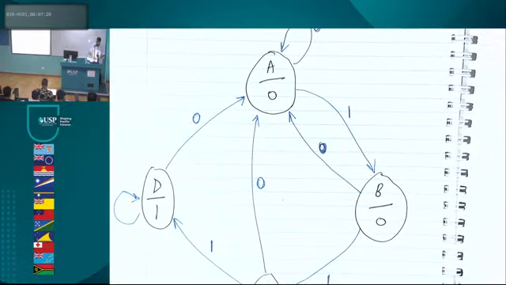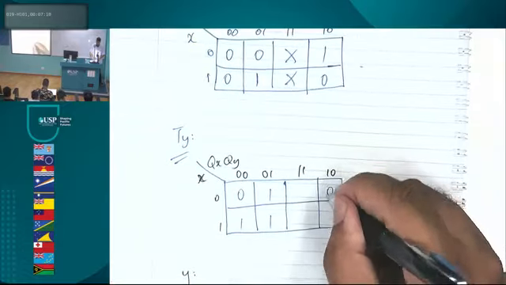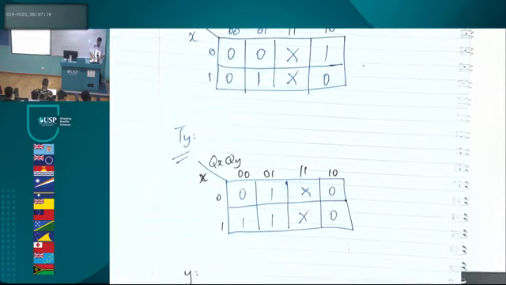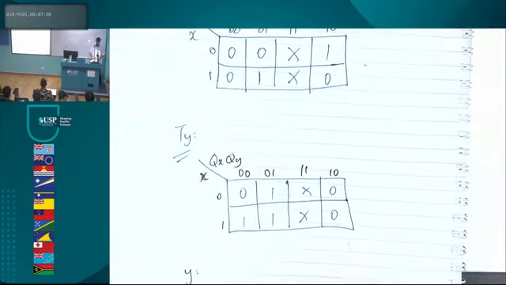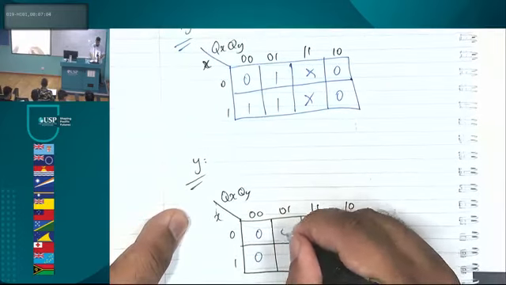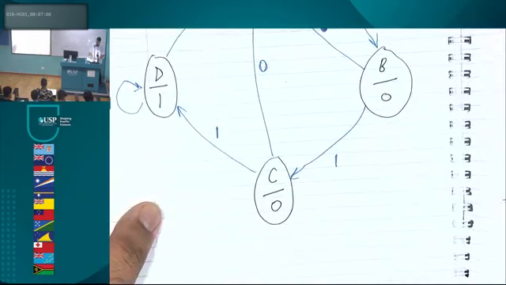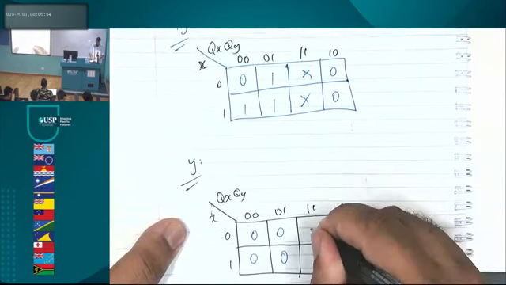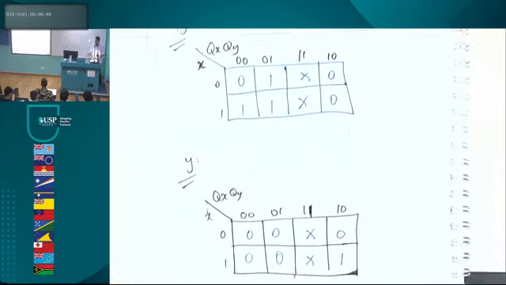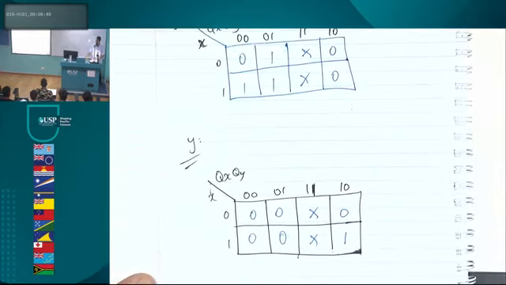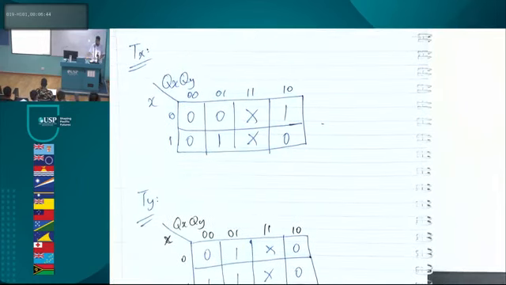If I make a mistake, then 00 X. Y all zeros. Any mistakes, guys? Because I usually make mistakes in my Karnaugh maps.